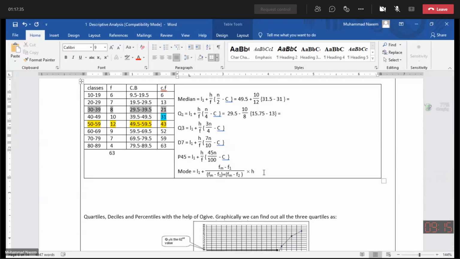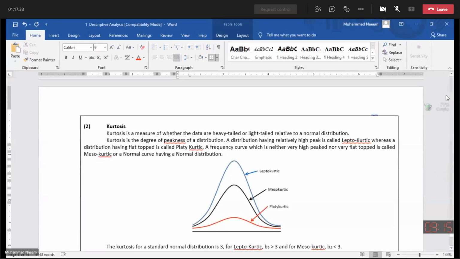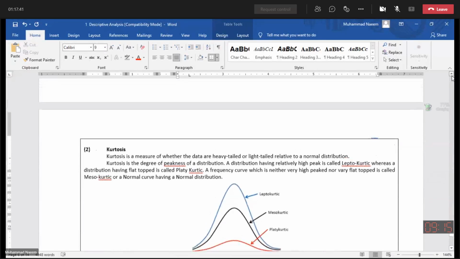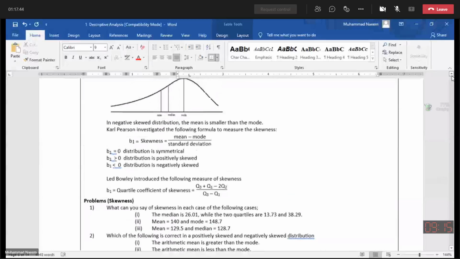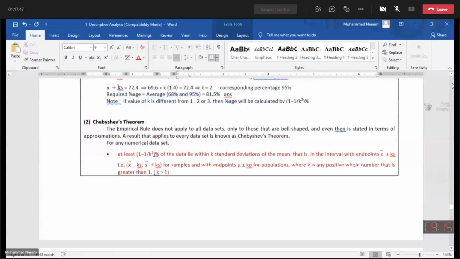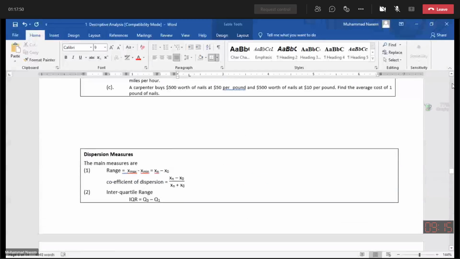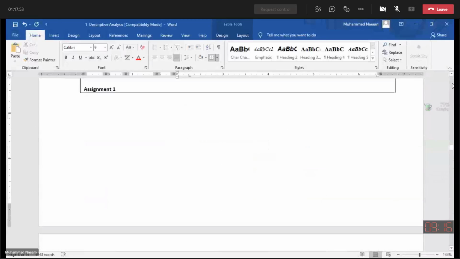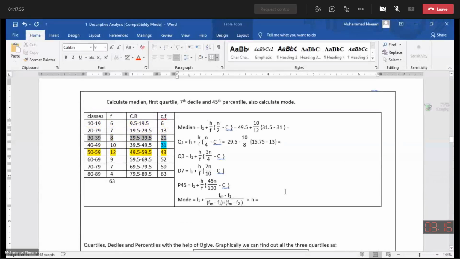So what happens in this case? First of all, find the value of Fm. Fm means the highest frequency. So look at this column of frequency. Here we have the highest frequency of 12. This is the value of Fm.